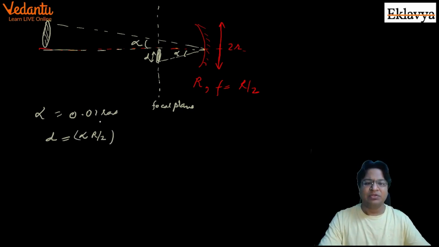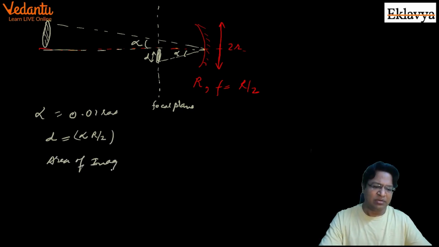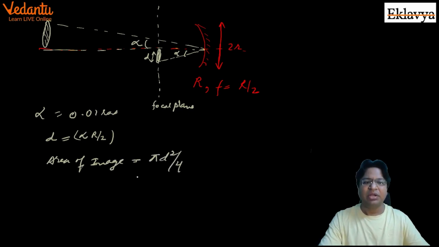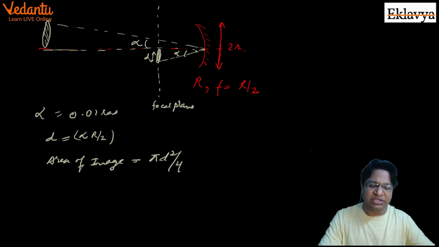So the area of the image would be pi d square by 4. Now understand that whatever light is received by this mirror, all of that light gets focused here.